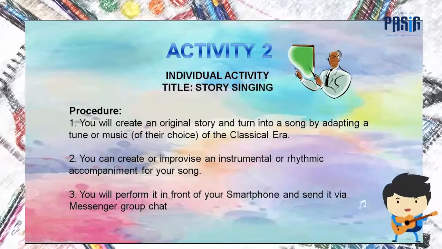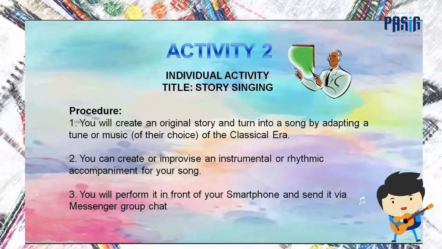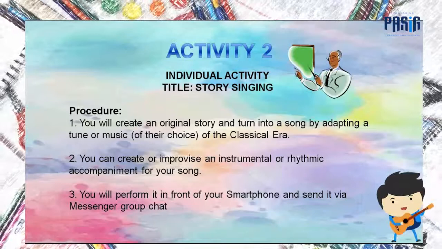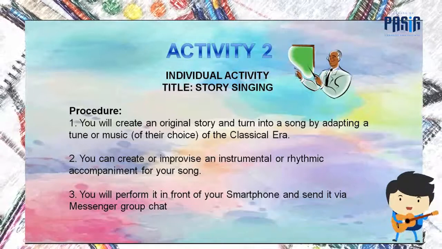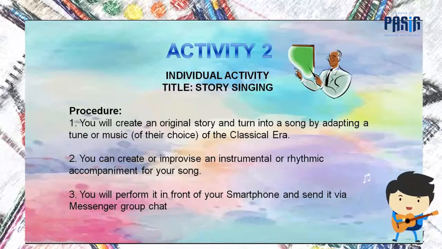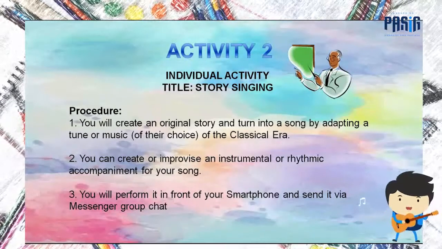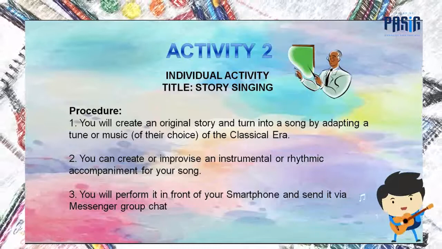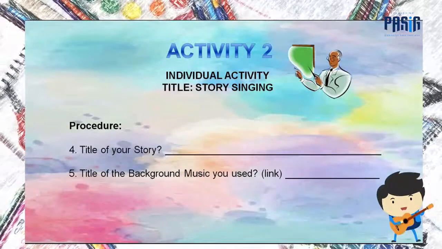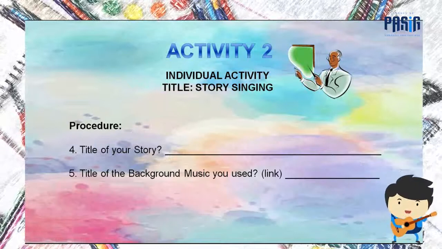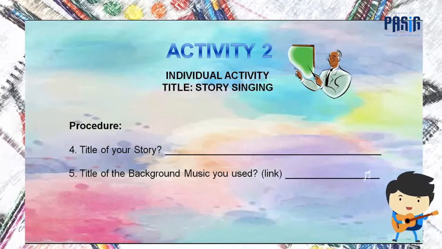Number 2, you can create or improvise an instrumental or rhythmic accompaniment for your song. And last, number 3, you will perform it in front of your smartphone or webcam and send it via messenger group chat. Number 4, the title of your story. And number 5, the title of the background music you use.